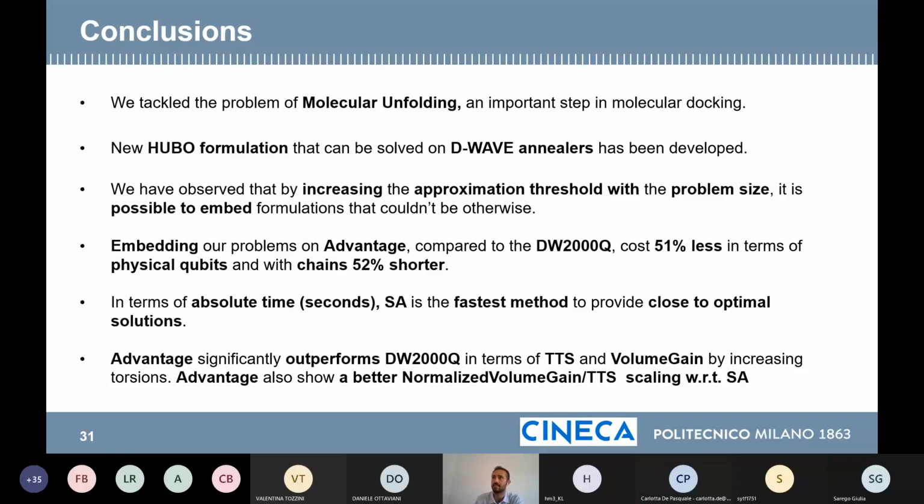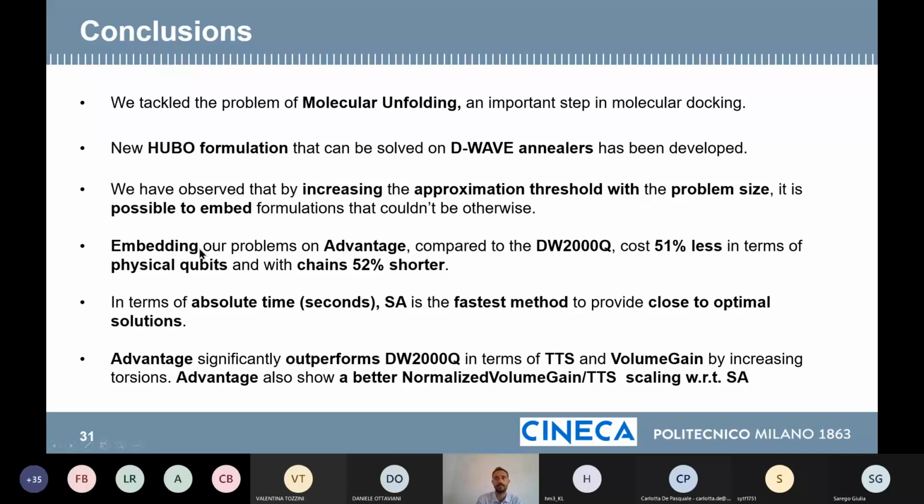Briefly, again, the conclusion. We tackled the problem of molecular unfolding, which is an important step in molecular docking. We provided this formulation of the problem, and we also applied this approximation, what we call the CHOP, increasing problem size in order to simplify the problem and fit the D-Wave processor.